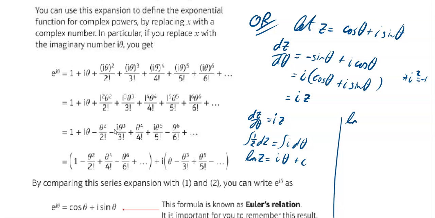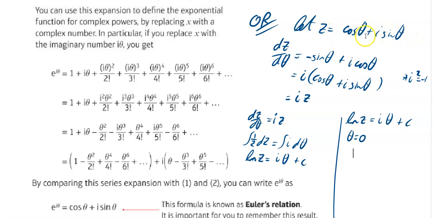So we'll just write that up here. That's ln of z equals i theta plus c. And we're going to put in what we know. So when theta equals 0, looking back up here, cos of 0 equals 1, sine of 0 equals 0.